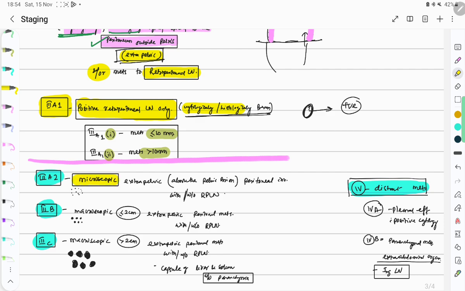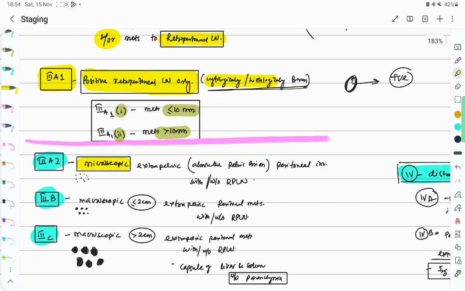I cannot visualize it, but after taking the biopsy it is found involved: microscopic extra pelvic, above the pelvic brim, peritoneal involvement with or without retroperitoneal lymph nodes. Retroperitoneal lymph nodes may be involved, may not be involved. That is 3A2. 3A2 means it is microscopic, very small, beyond the pelvic brim.